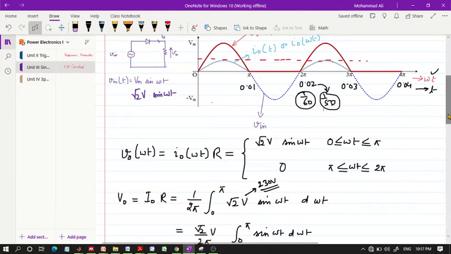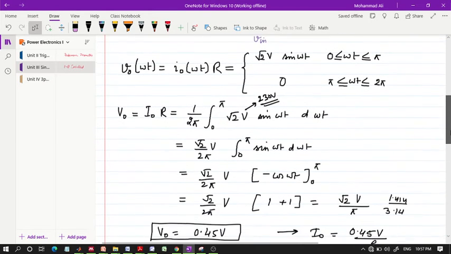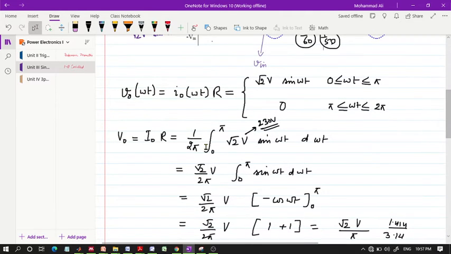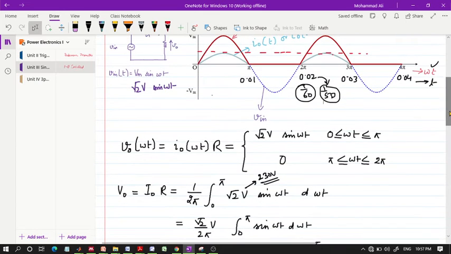If I want to take the average value, I have to take the average length 1 upon 2 pi and integrate the function from 0 to pi, because our function is from 0 to pi only. From pi to 2 pi it is 0, so the second term containing 0 is already omitted in this expression.